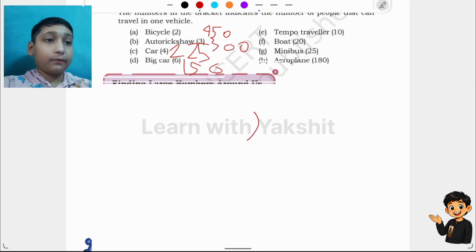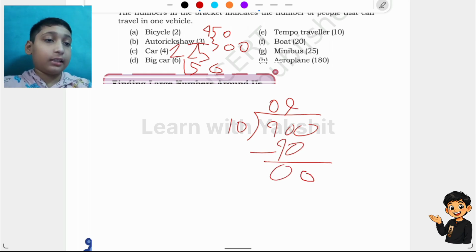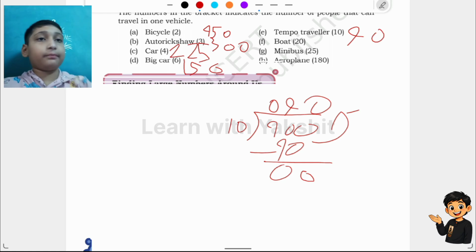And then we have to divide 900 by 10. It's very simple. Firstly, we have to put this 0 like that, and then we have to divide it by 90, which is simple. 9. And then that's the answer. Then carry a 0 there, and then we're done. It's 90.